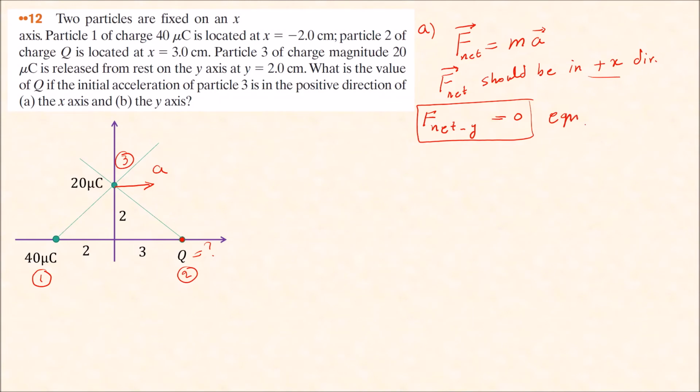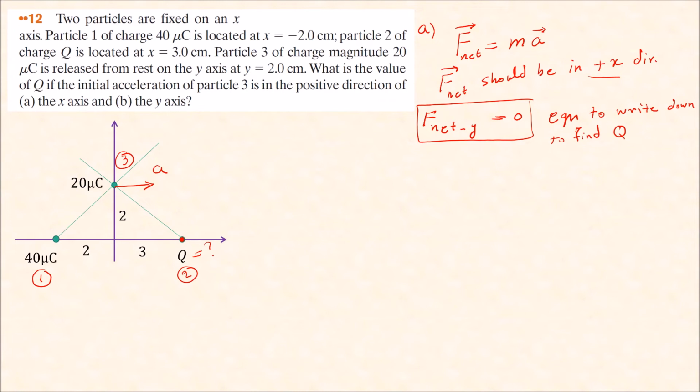When you want to find a quantity, you need to write down an equation. Being in the x direction without having the magnitude doesn't give you an equation. But this one is an equation to write down to find Q.